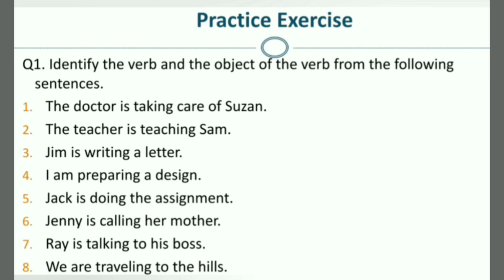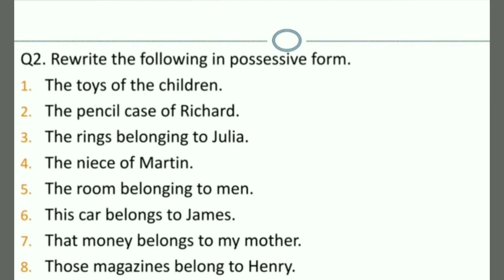Exercise 1: Identify the verb and the object of the verb from the following sentences. Exercise 2: Rewrite the following in possessive form.